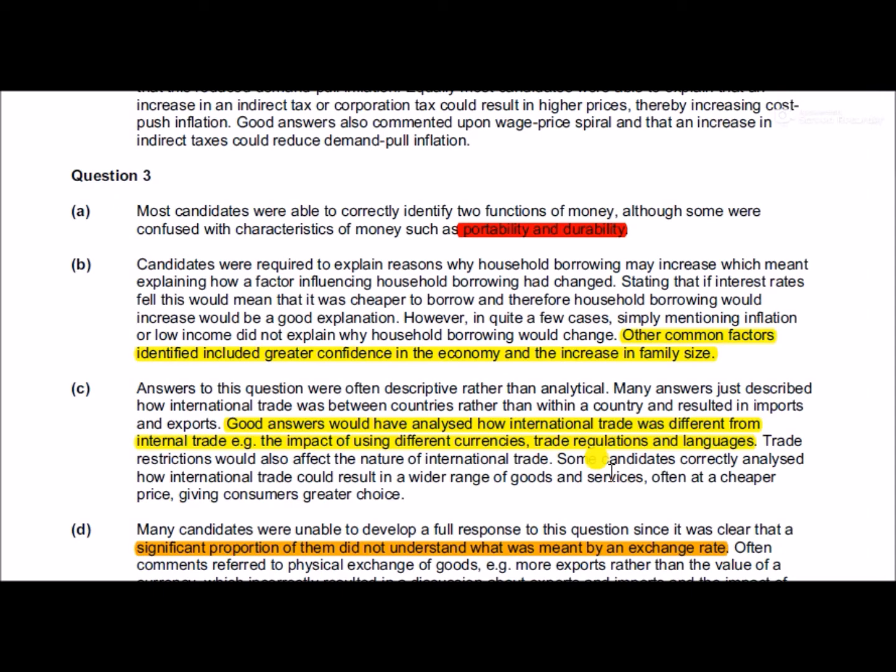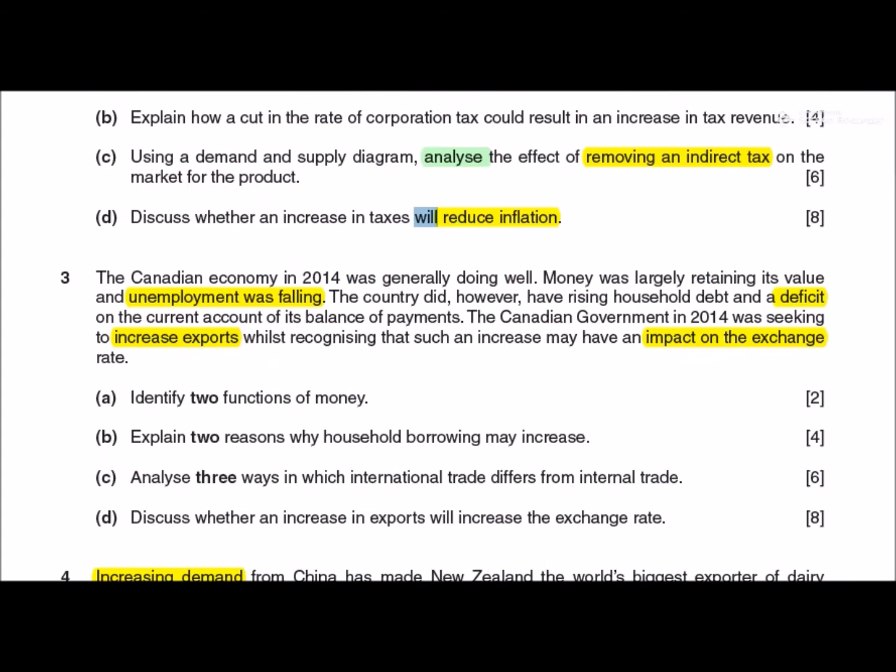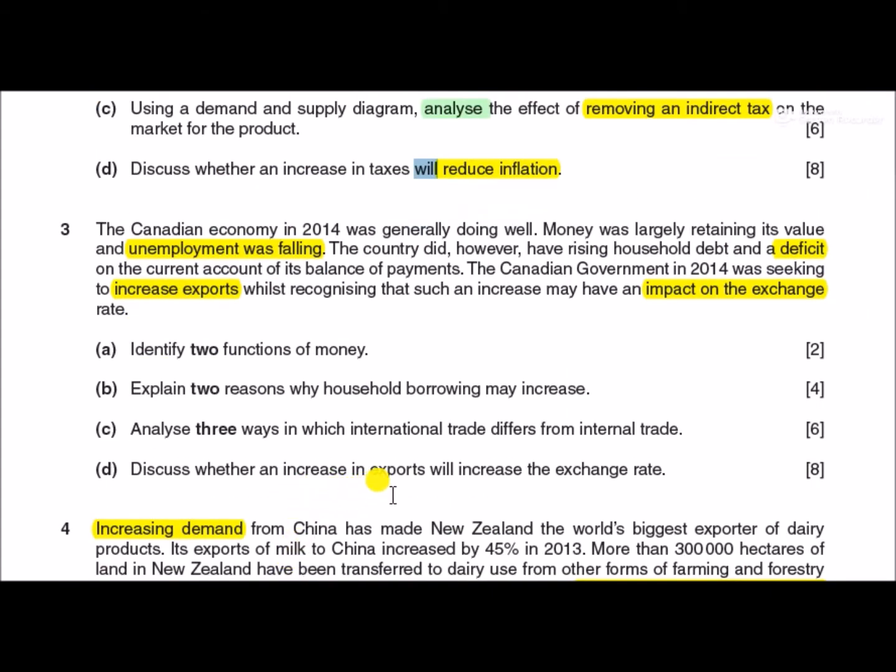So question D, moving on. Discuss whether an increase in exports will increase the exchange rate. The key word here is actually will, because you want to discuss, which is evaluate. So an increase in exports will increase the exchange rate because demand for the currency will increase.